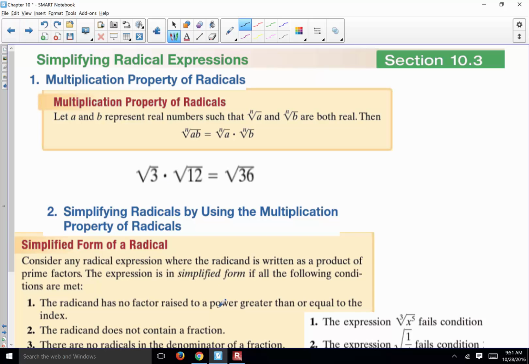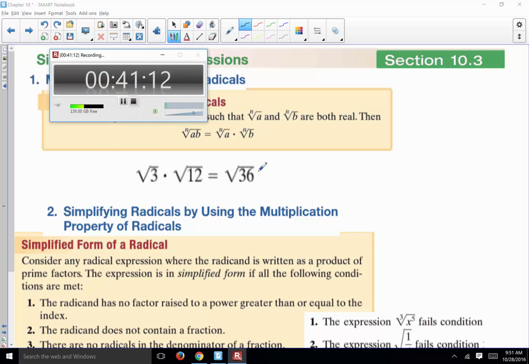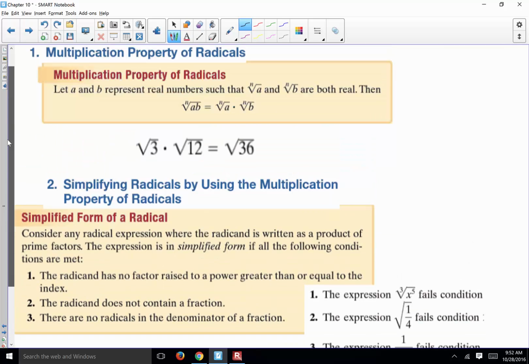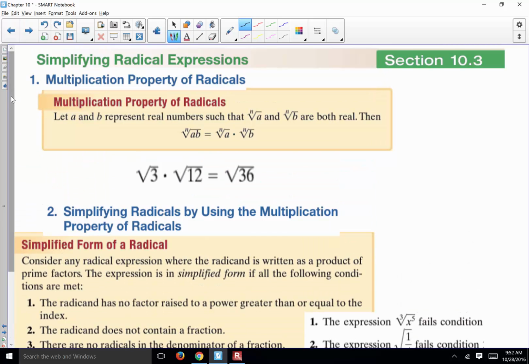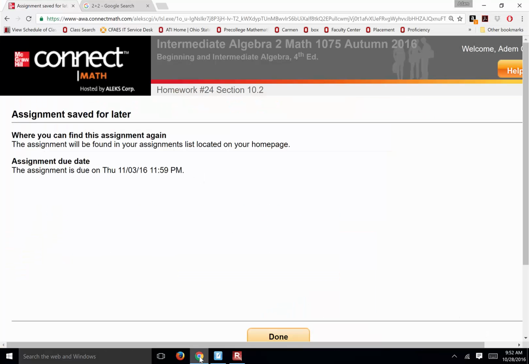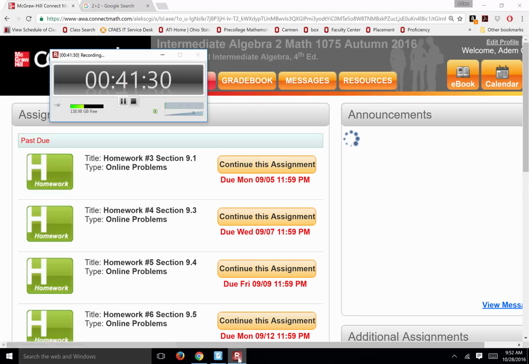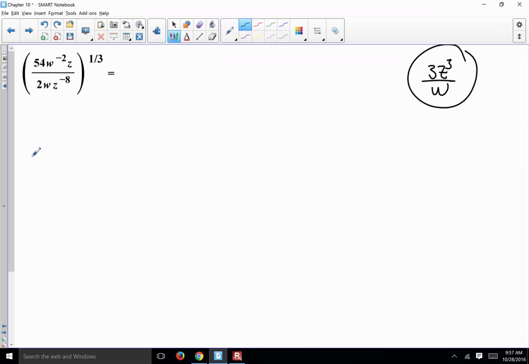Alright, then we are starting 10.3. Actually, you know what? I want to leave this to Monday. Instead, what do you want to do in the remaining 10 minutes? I'm going to show you two options.